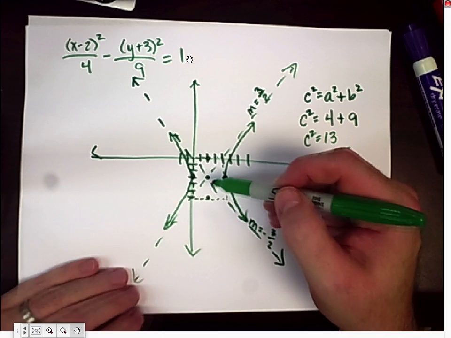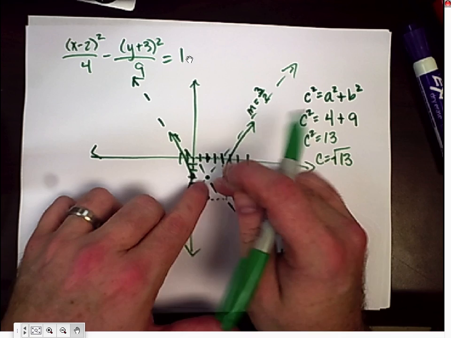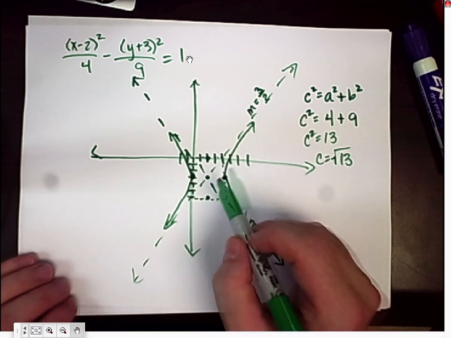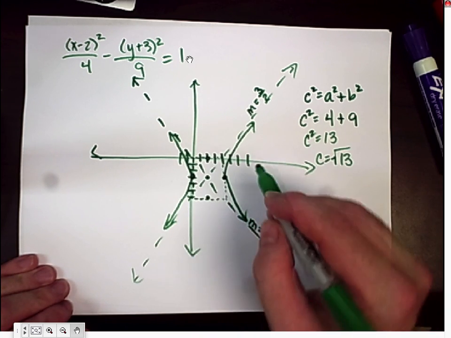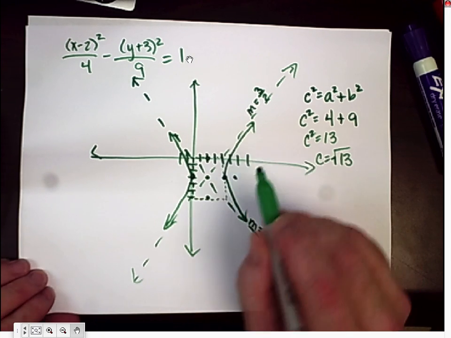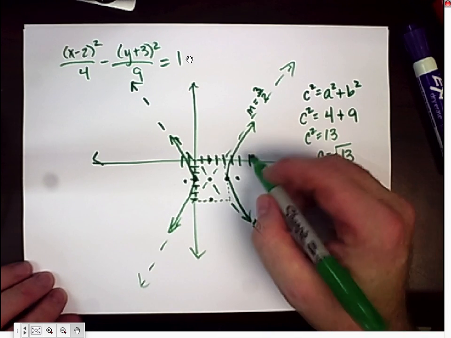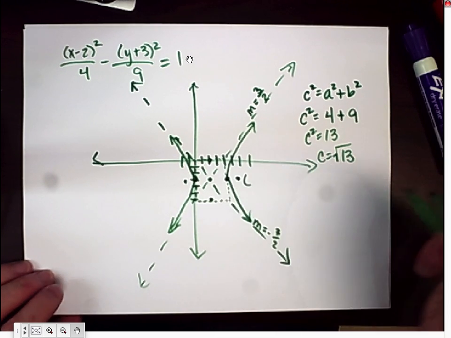Okay, so if this were an ellipse, the foci would be here and here. But because it's a hyperbola, we go inside. So we're going to add the square root of 13, which is a little more than 3, and subtract it from the x. So what are the coordinates of this point?